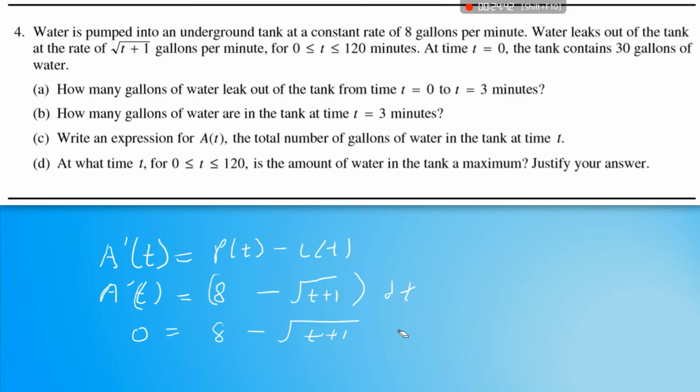What do I have to do next? Minus 8. Okay, so that gives me root t plus 1 equals 8.